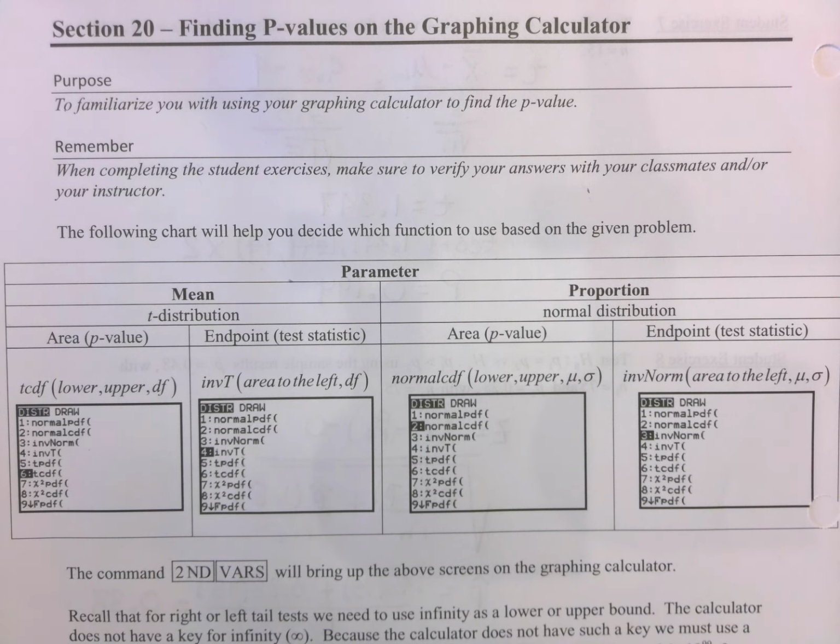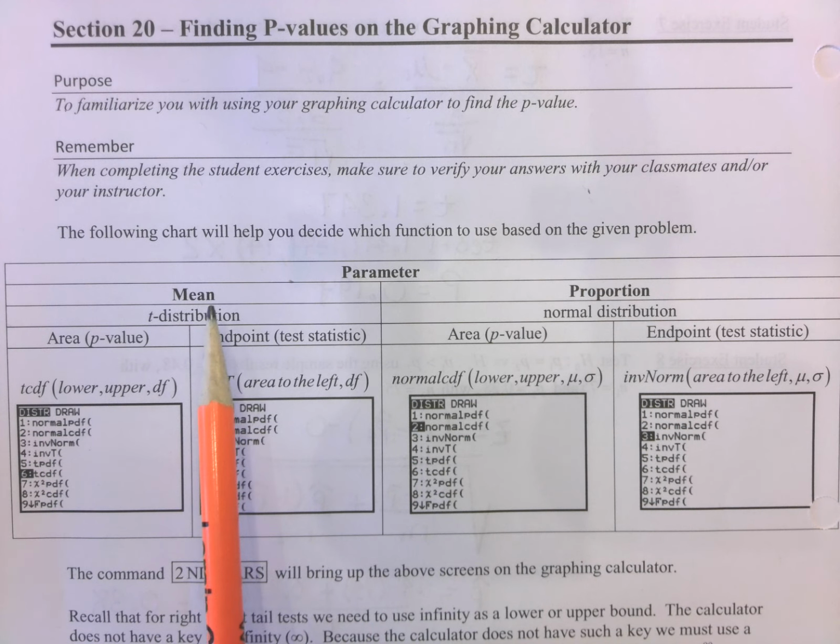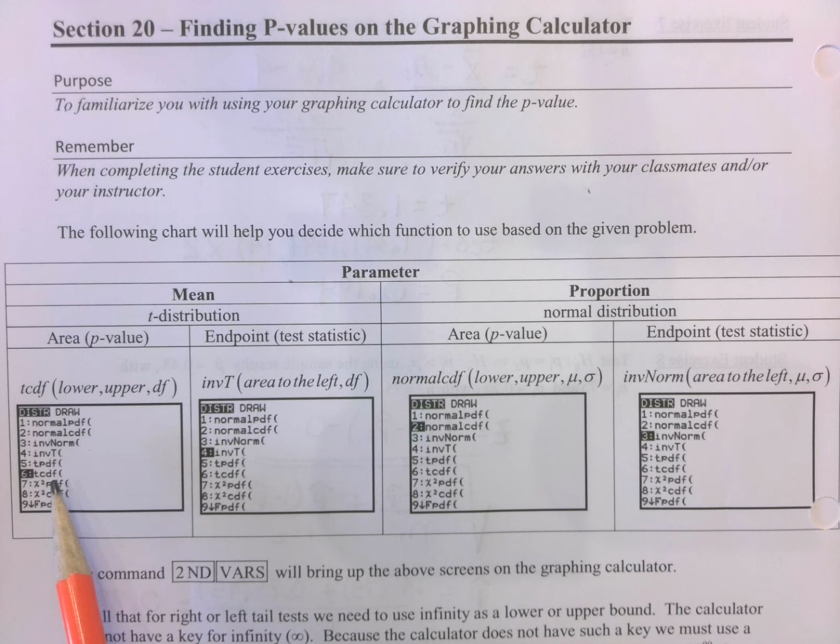So let's go over it kind of quick, and I've already pre-filled out the notes because there was a lot of writing involved, and I will talk through the entire thing and pause as you need. First of all, our parameters of interest. Are we dealing with a mean, a t-distribution? In that t-distribution, remember we're using TCDF.